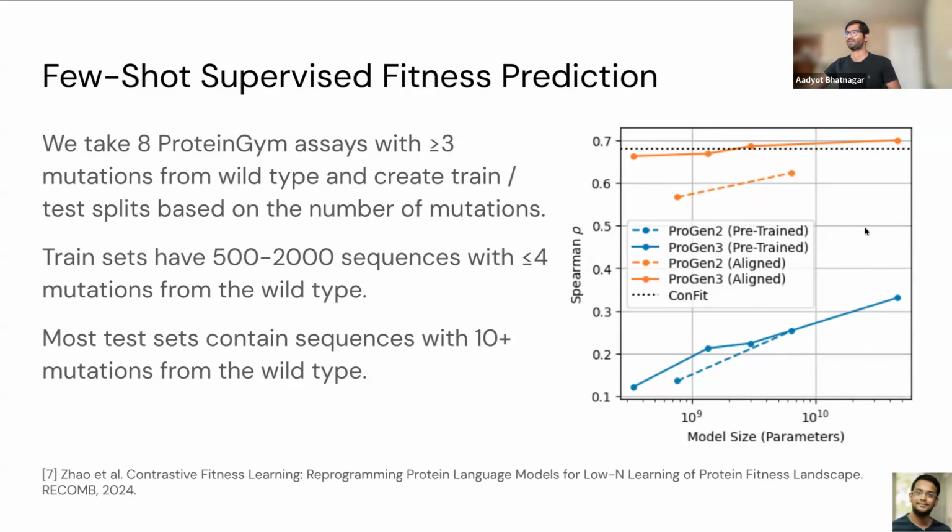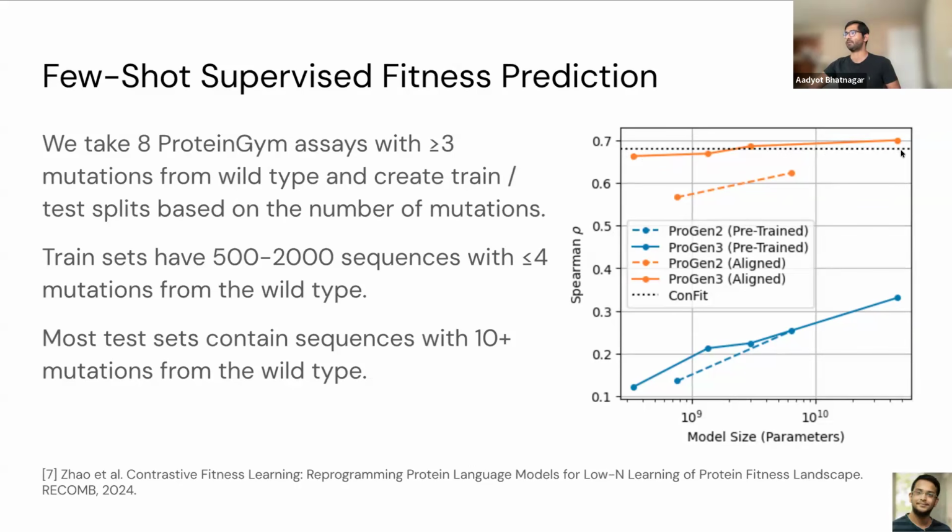The first finding here is just that applying alignment gives you a huge boost in performance. Second, larger models do better after alignment is applied. And third, the ProGen3 models do better after alignment compared to the ProGen2 models.